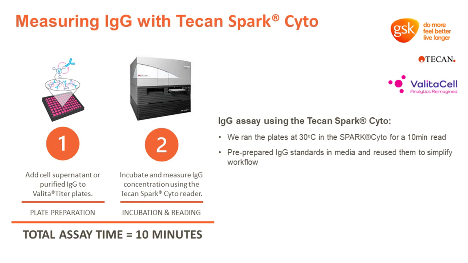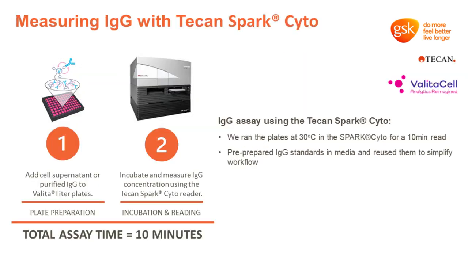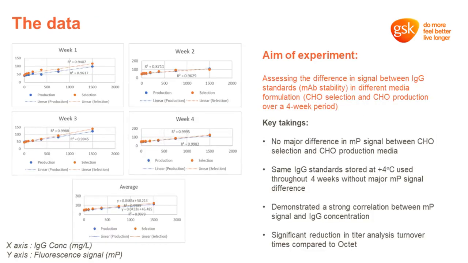In addition to this, the probe binding reaches stability around 5 to 45 minutes. So we've discovered that the assay must be used in less than an hour, or the probes start to lose binding ability. And to improve our workflows, we've also pre-prepared IgG standards to actually make it easier for scientists to run this assay.